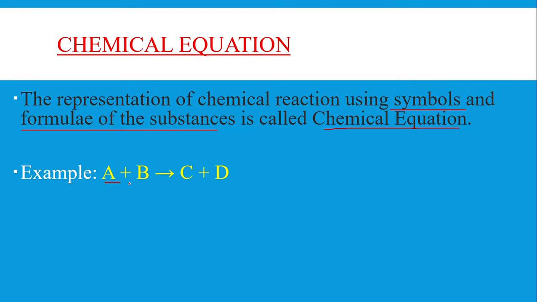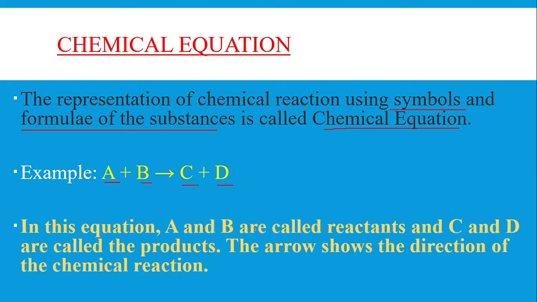We can write the symbols of the reactants, then an arrow, along with the products in symbol form. Now one more statement in front of you: in this example reaction, A and B are the reactants and C and D are the products. The arrow shows the direction of the chemical equation.